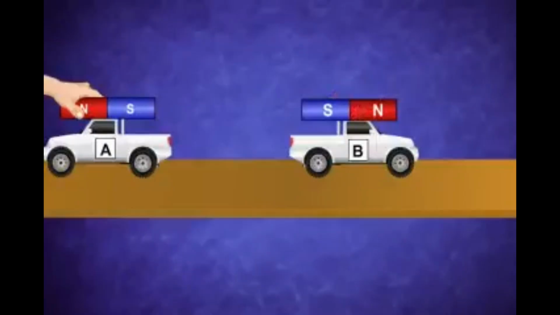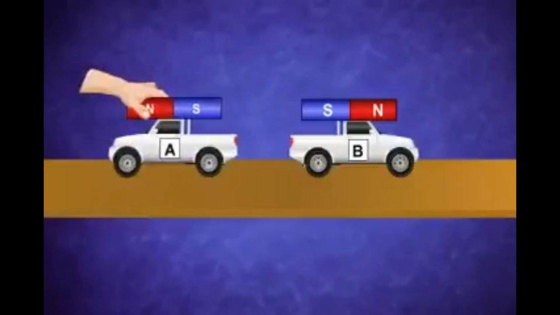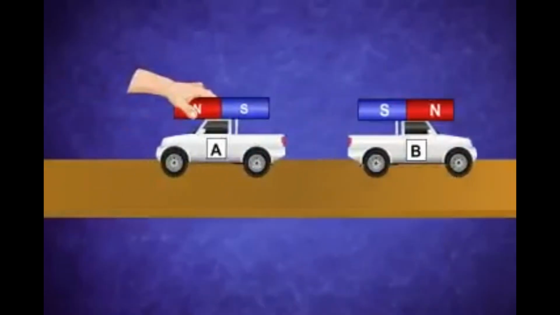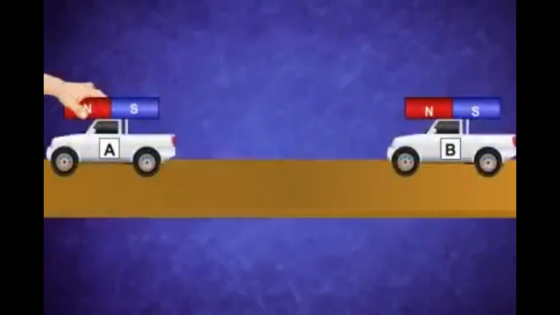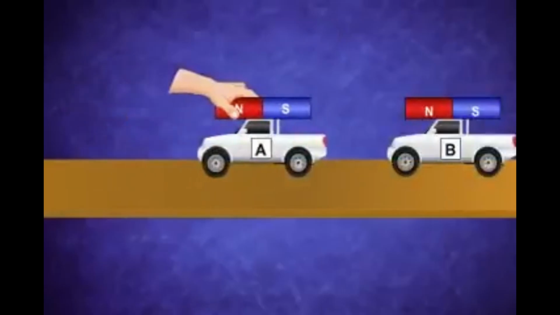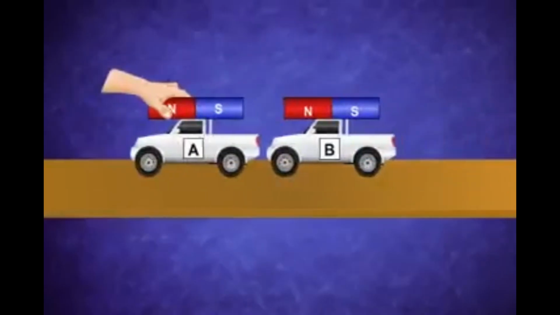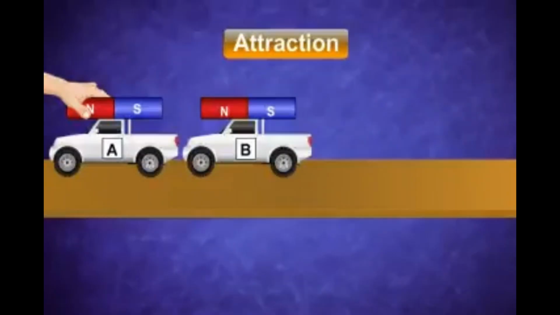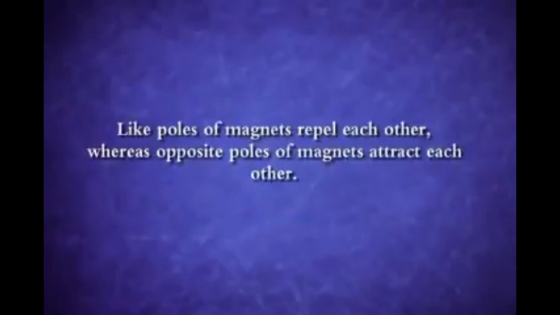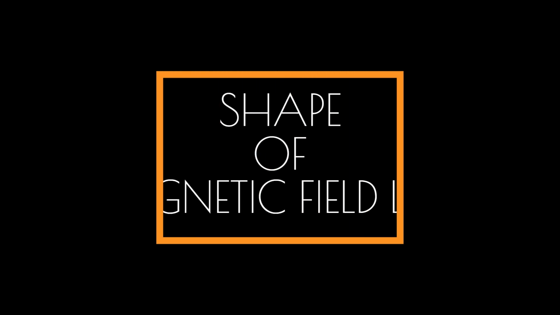Now we bring these cars closer. Leave them. And what happens? Yes. Now let's change the orientation of the car and once again bring them closer. What happens now? Right. So what have we learned? Yes, like poles of magnets repel each other and unlike poles attract each other.